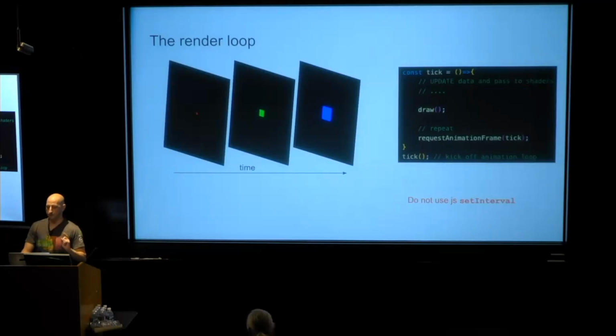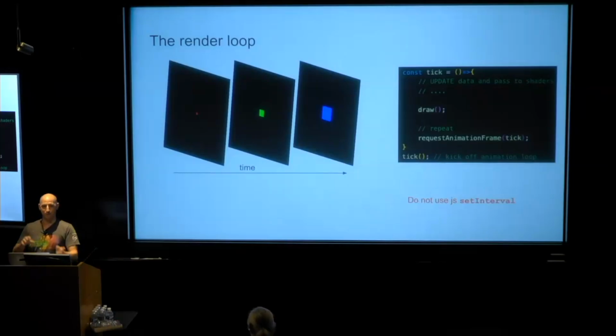One thing to note, if you're familiar with JavaScript, a lot of people would try to start using setInterval, which is essentially do this 30 times a second. There are two reasons why you don't want to do that. One is it might take longer to draw than 1 second divided by 30, so you will get a really glitchy experience. The other reason is that setInterval is called whether your tab is active or not.